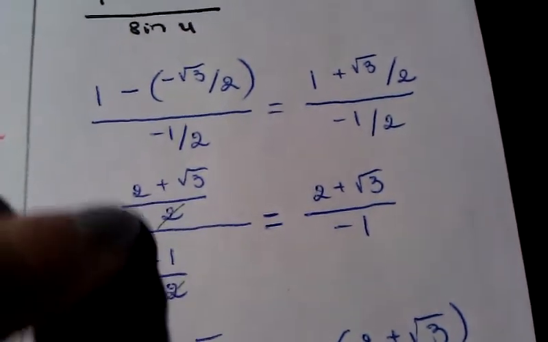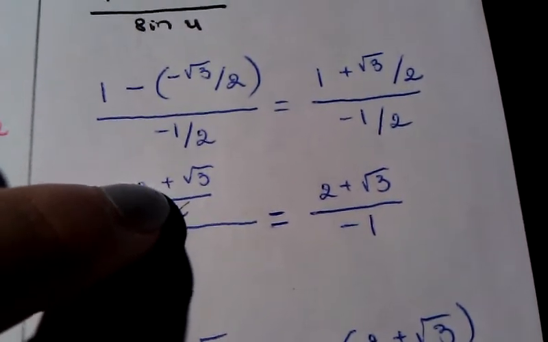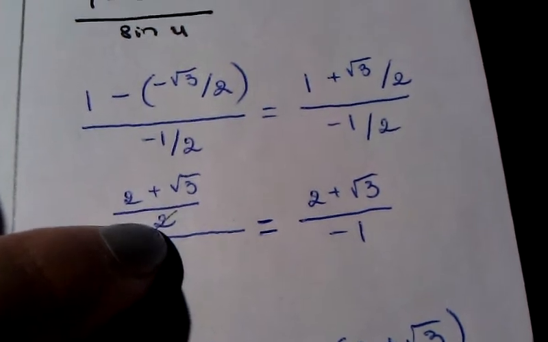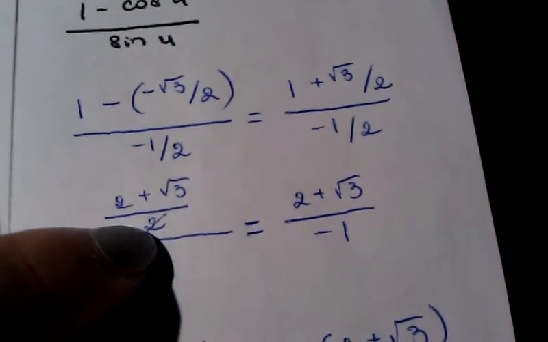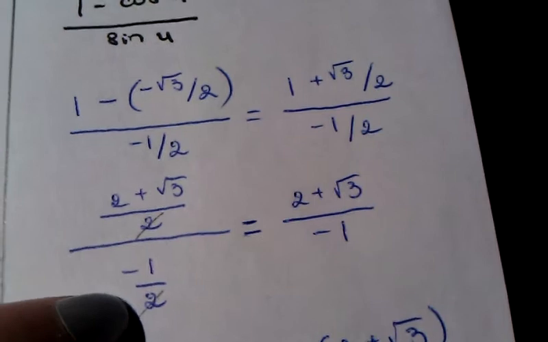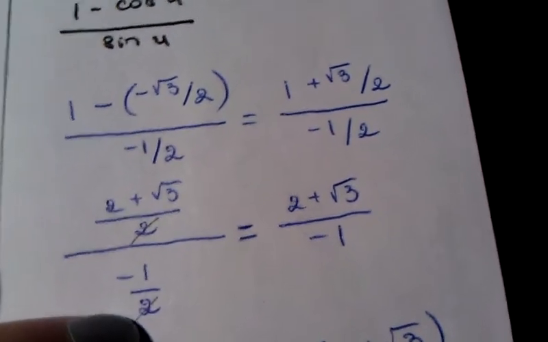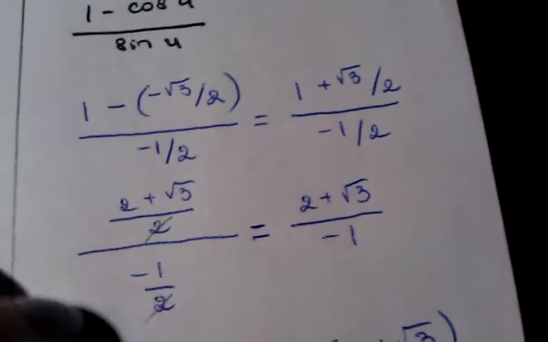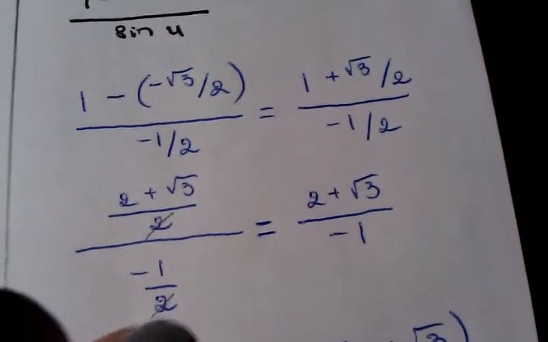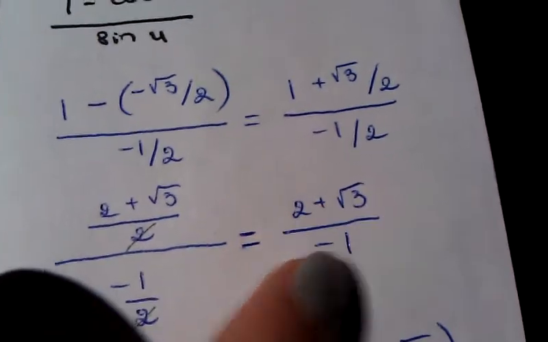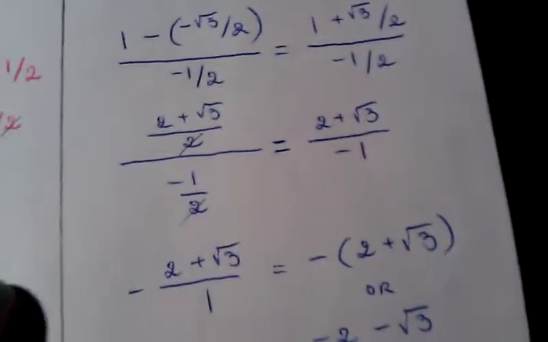And you can see that the denominator of the numerator will cancel out with the denominator of the denominator. And that will give us 2 plus radical 3 over negative 1.